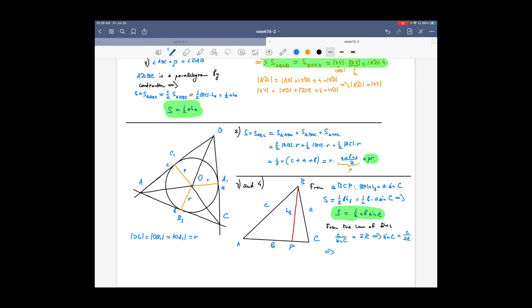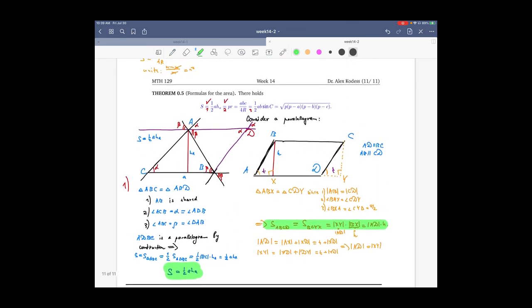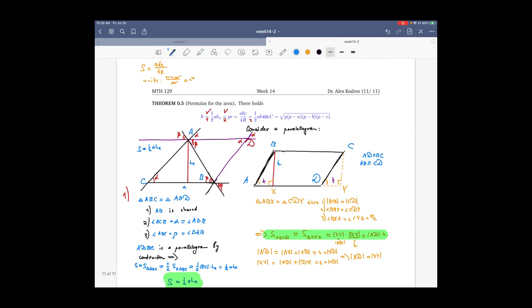And if I plug this into the formula I just obtained, I get 1/2 ab times, instead of sine C, I write c over 2R. Of course, that is just sine C. And that gives me abc over 4R. So this will be my number 4.